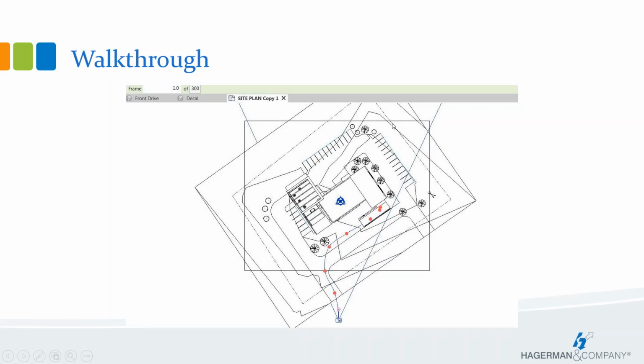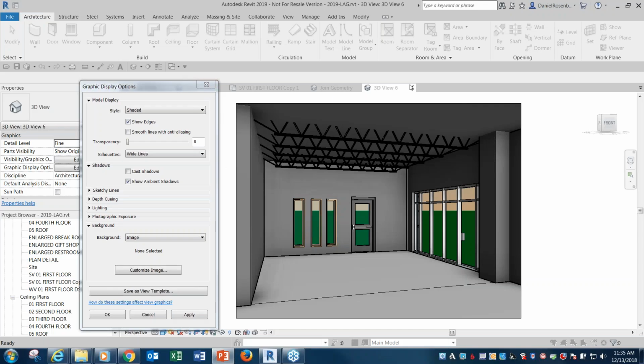All right, so the next thing is walkthroughs. These are kind of fun. You can really quickly throw a little walkthrough together, and let me show you how to do that.